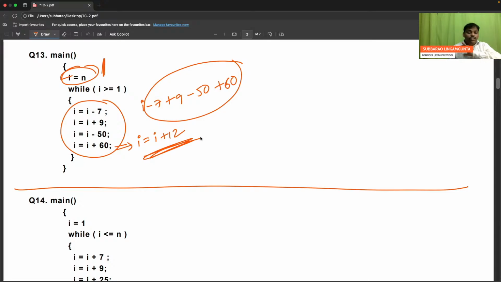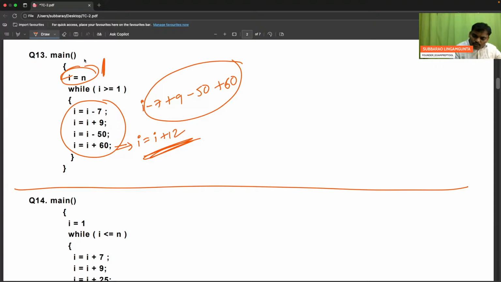Remember, time complexity is not related to any programming language. Time complexity is related to logic. This loop is how many times? Already I is a big number. Every time you are adding plus 12.